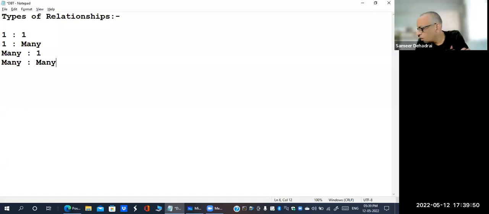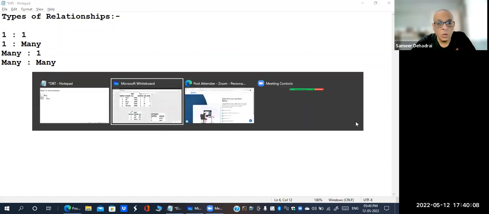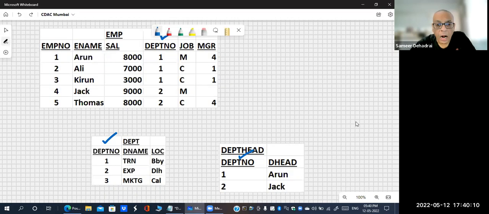These are the types of relationships between the tables, amongst the tables. Now, 1:1. Yes, Himanshu, 1:1. I want you to compare department table with department head table.